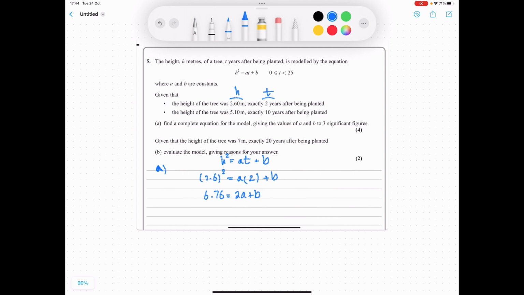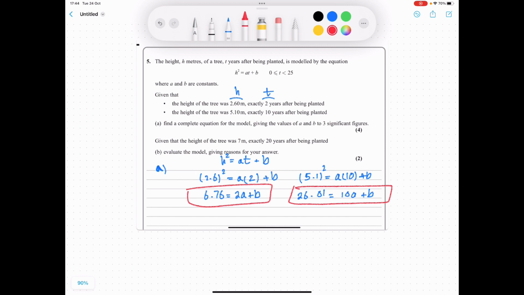And for 5.1, we have a times 10 plus b, and it's going to be 26.01 equal to 10a plus b. So now you can see we have two equations which we can solve simultaneously.